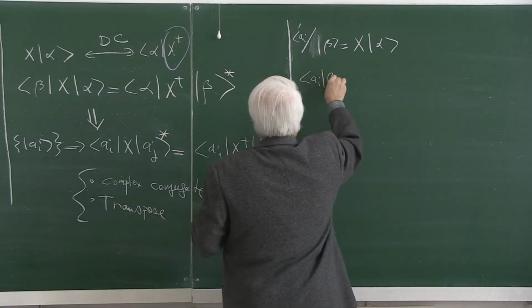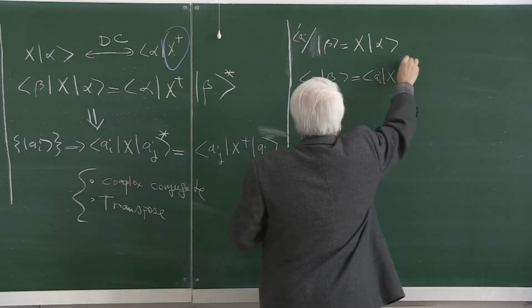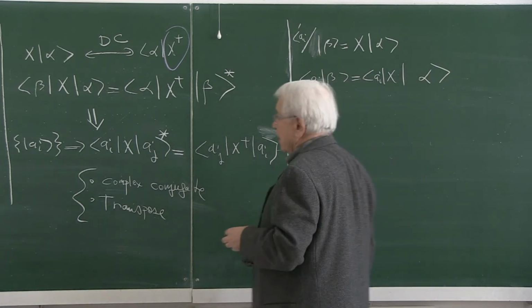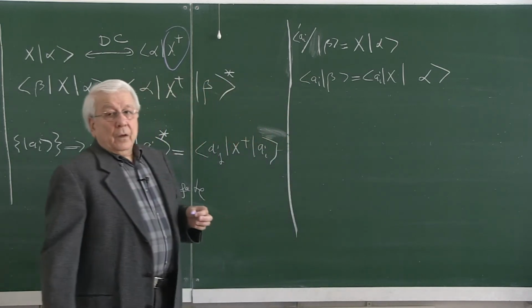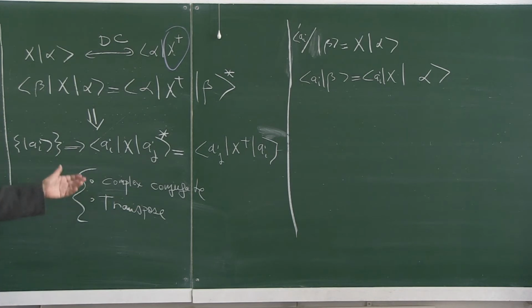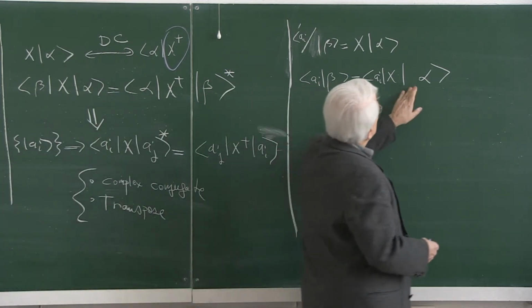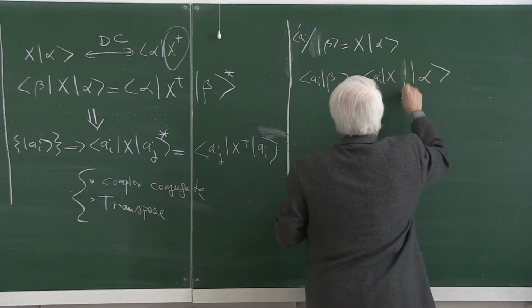AI beta equals AI X alpha. Well, I have to use the previous discussion concerning the matrix representation of operators in order to see that entering in here. Obviously, I have left some blank in here. Let me introduce here an identity.